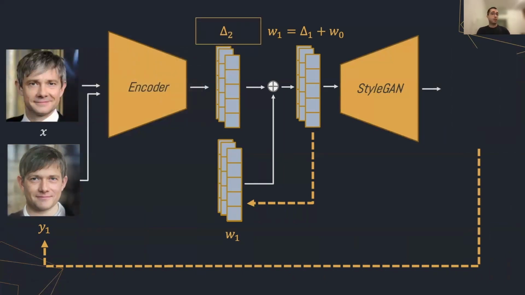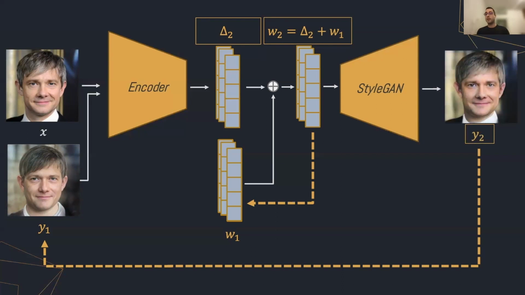Summing delta 2 and W1 will get our new improved inversion prediction, W2, which corresponds to our output image, Y2. And we can already see, after just one more step, we're able to obtain a much higher quality reconstruction. Now, with Restyle, we're going to repeat this iterative loop a small number of times, say 5, and we're going to gradually improve our inversion prediction.